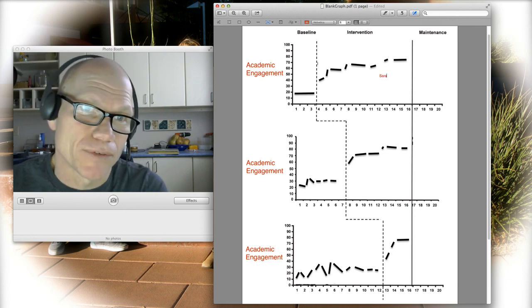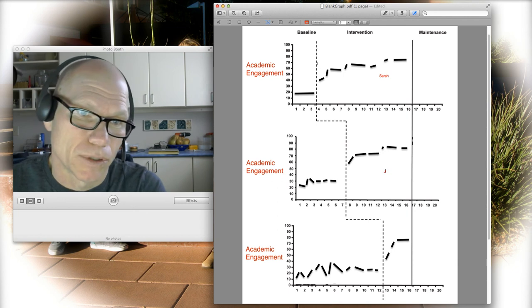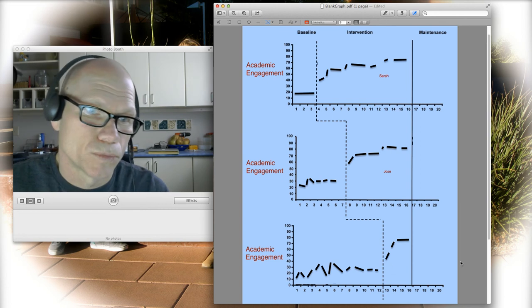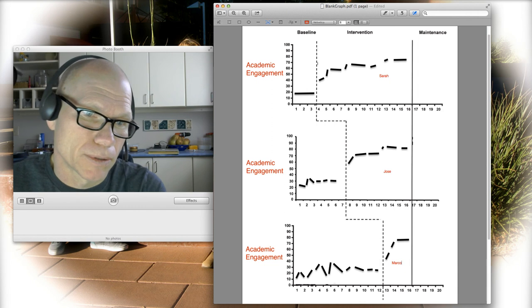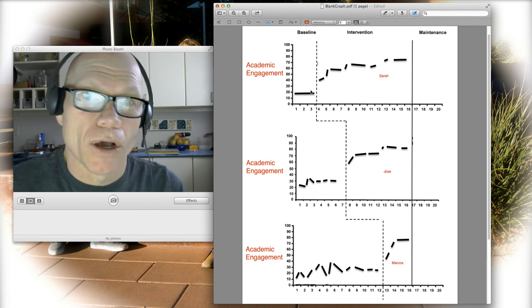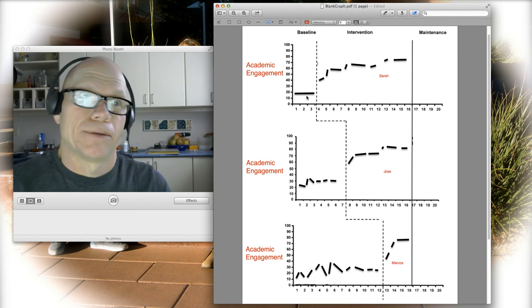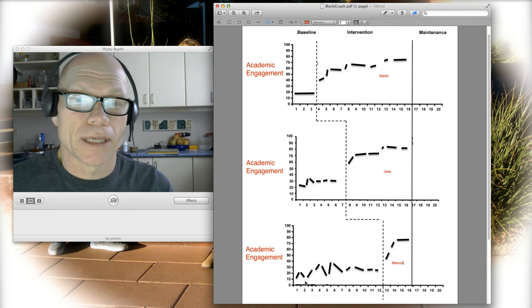So you could have Sarah, you could have Jose, and you could have Marcos, right? And so all three of them are attending services, other folk rehab services. None of them attending well.